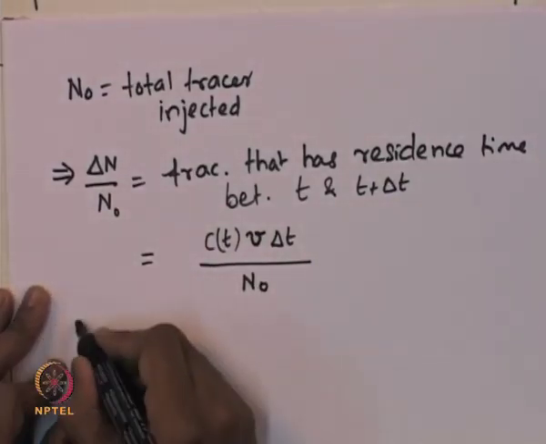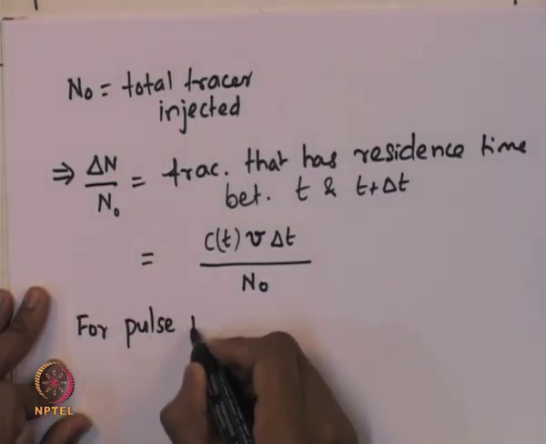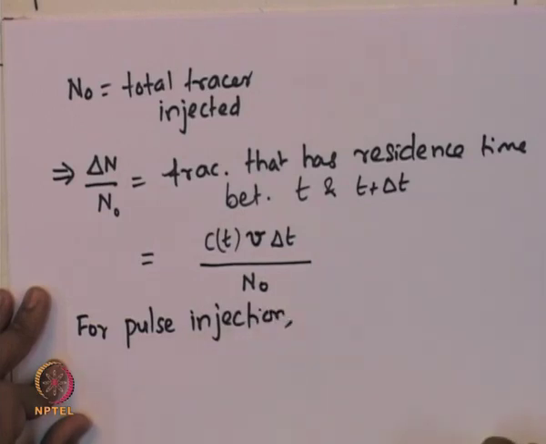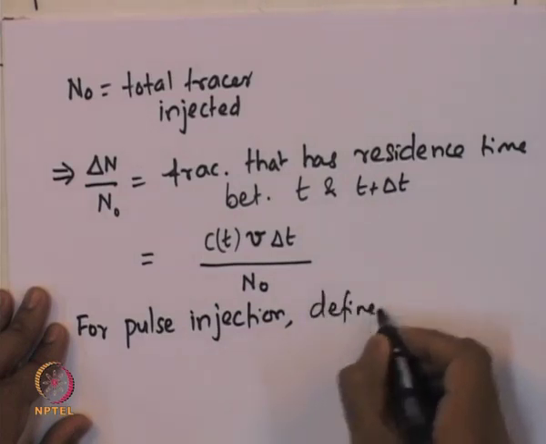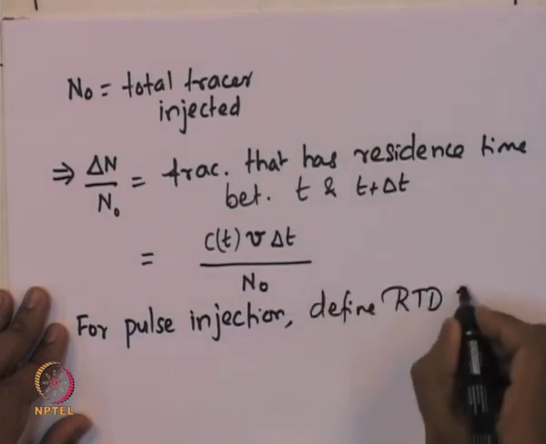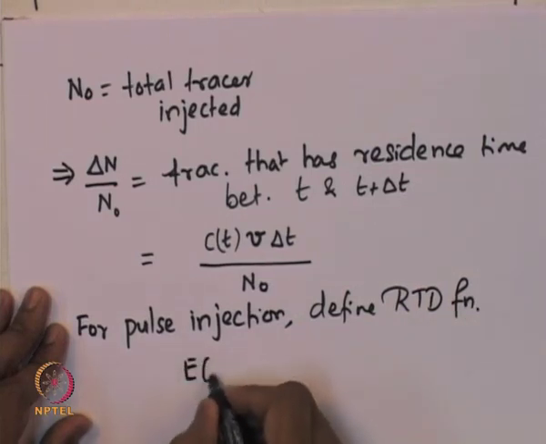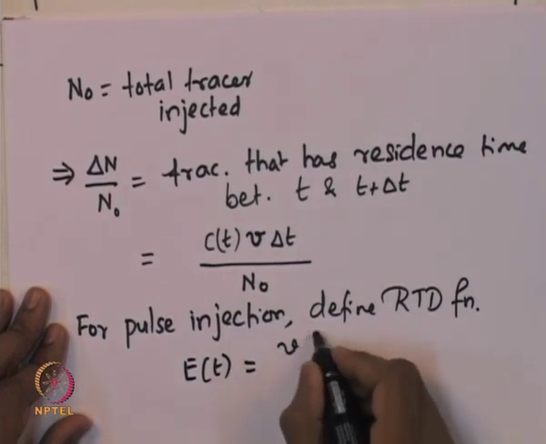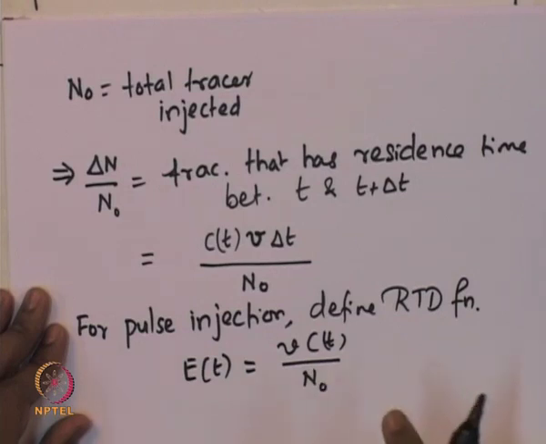Now, for pulse injection, if we define an RTD function E of t, which is given by V into C of t divided by N naught, that is the definition.